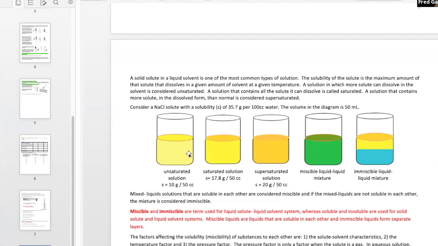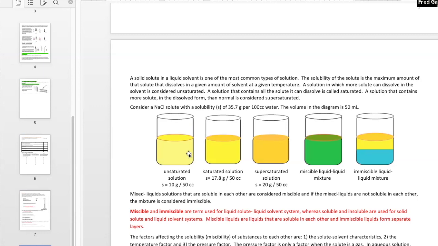But if you wanted to trick the solution so that it can dissolve more of the salt, what you can actually do is heat it up. The heat will cause the salt to dissolve and then cool it back down to room temperature. Now, what happens is that the crystals are confused. They should crash out of solution and form a precipitate, but because it was suspended in the water, it's going to stay dissolved.